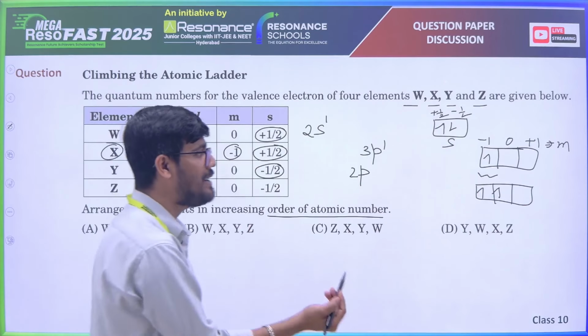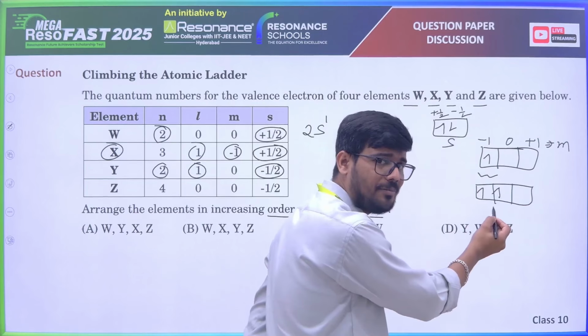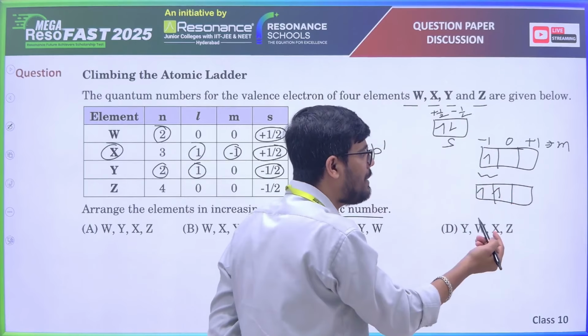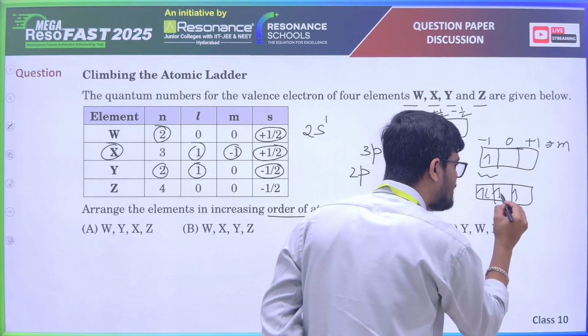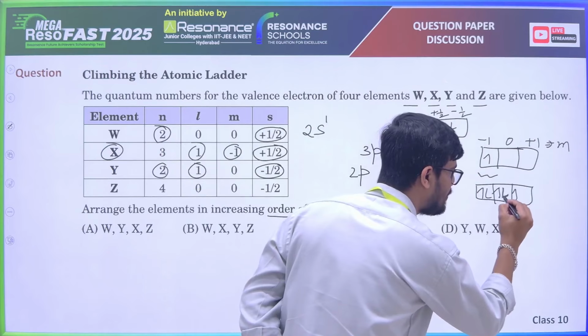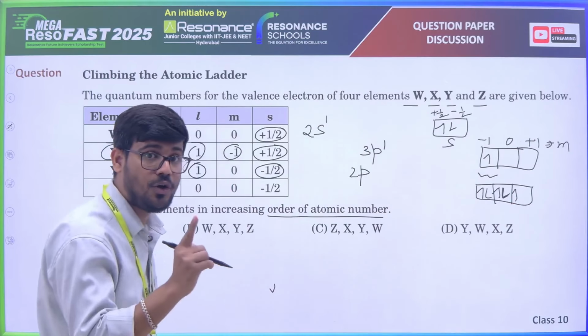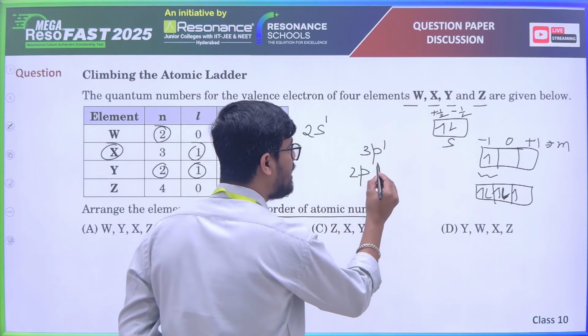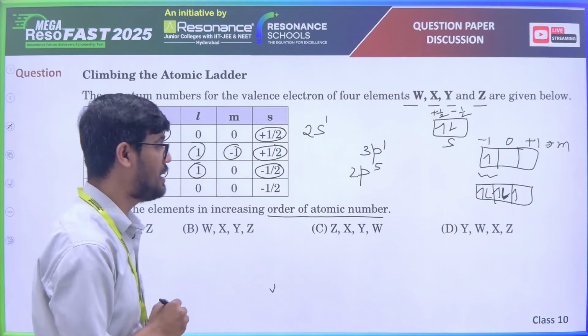The first electron is plus half, so how will we get minus half? If you fill all of them like this, the last electron is filled in this way, so we have m value 0 and s value minus half. So 2p5 will be the last subshell.